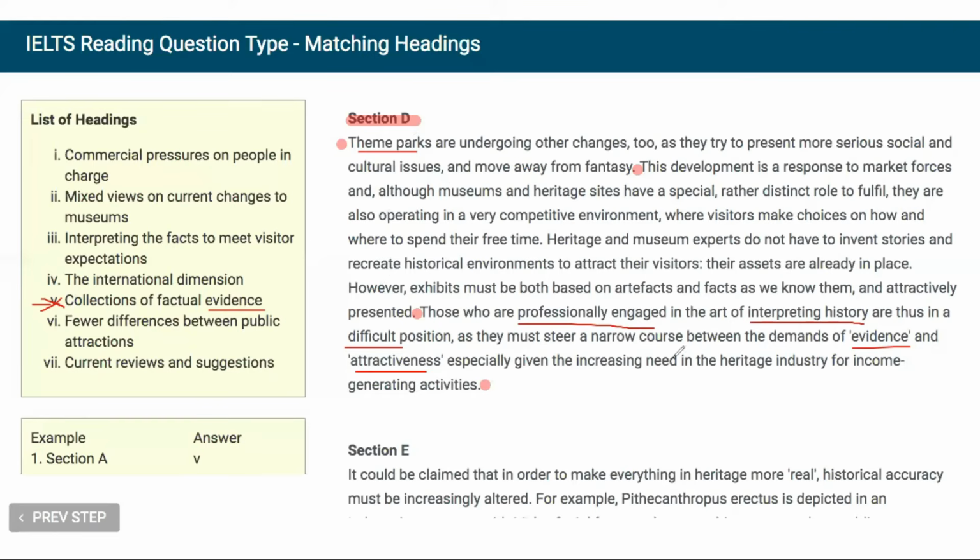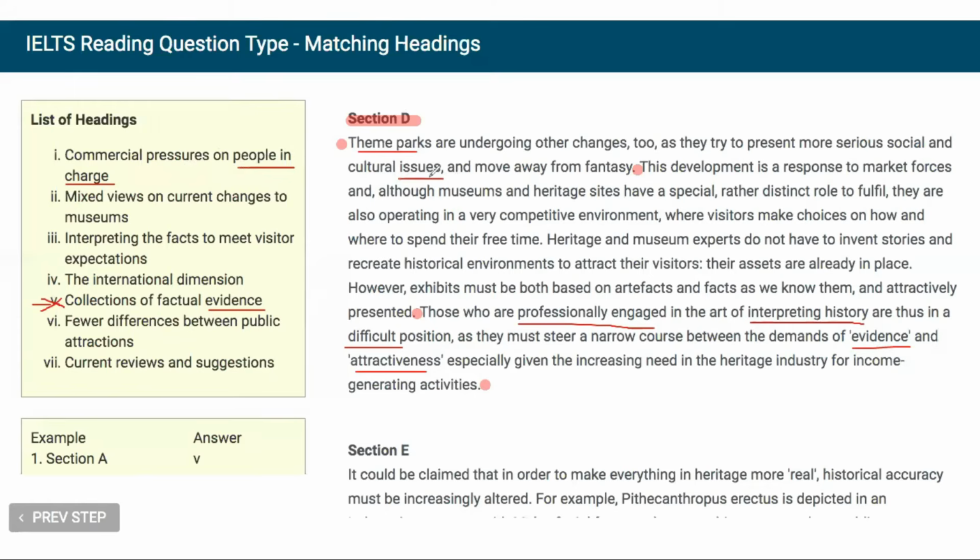Okay, so going back to this, we see the last sentence, those who are professionally engaged. And this is a very important keyword because basically you can say people who are professionally engaged are people in charge. And so this is a really nice synonym that gives us a clue about people who work in museums and some issues.